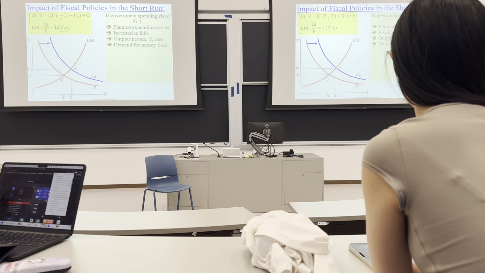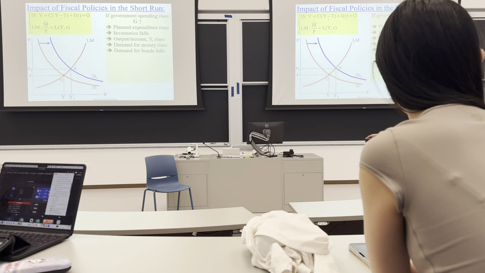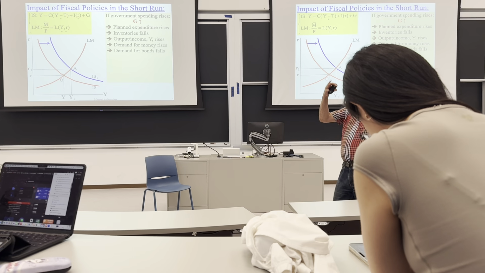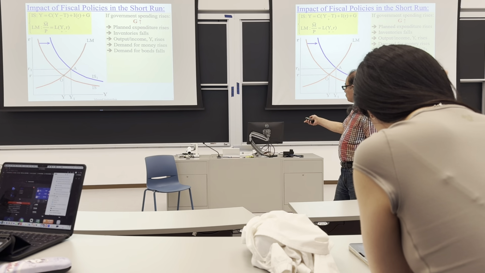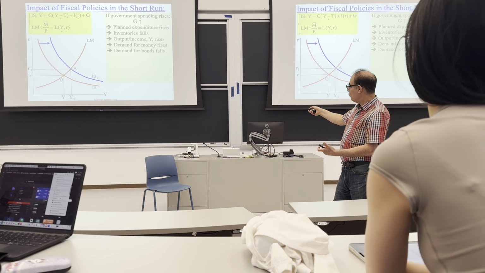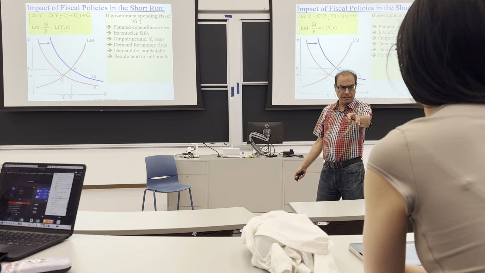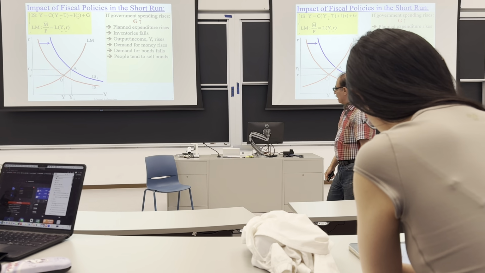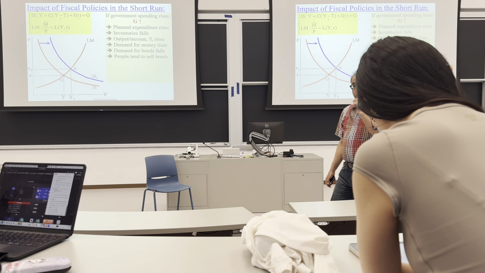How do people get liquidity? In the short term, wealth is fixed. We talked about people's portfolio, money versus bonds. So when total wealth is fixed and demand for money goes up, it means demand for bonds falls, and people tend to sell bonds.